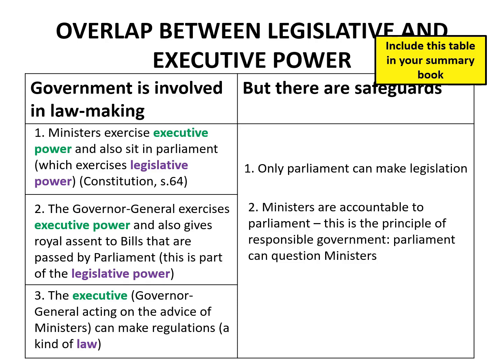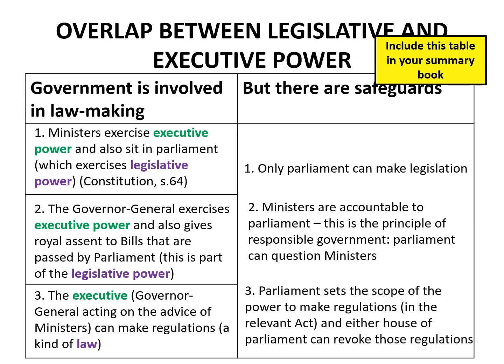And third and finally, even though ministers can effectively make laws in the form of regulations or subordinate legislation, the scope of these regulations, that is, the matters that can be covered by these regulations, is set out by Parliament in the Act that authorises the regulations to be made.